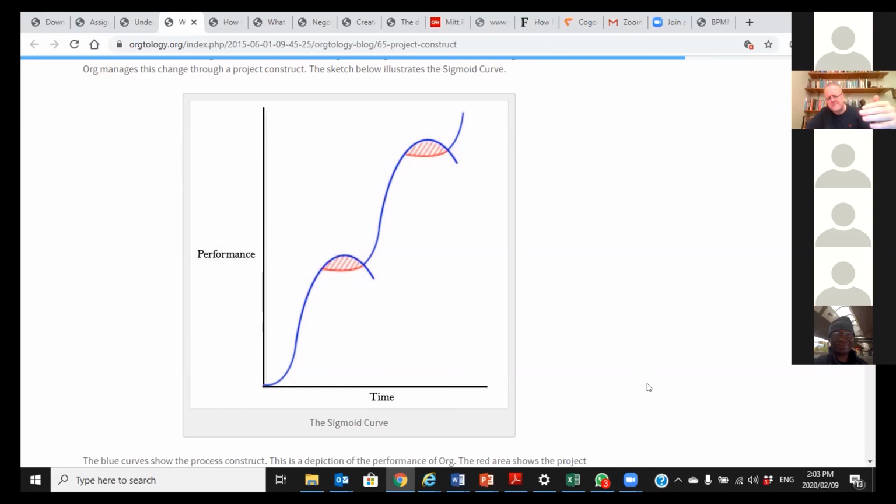So that's what we use to break out of the processes. And that's basically, if you look at Orgtology, how strategy and operations work together. You've captured it here. Thank you for introducing me to that. It helps a lot.